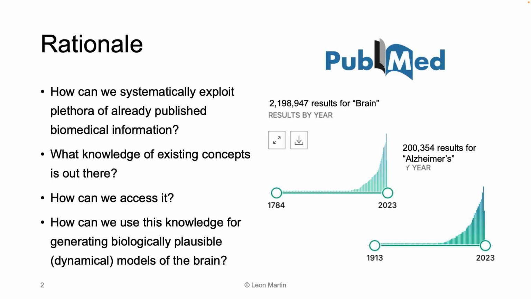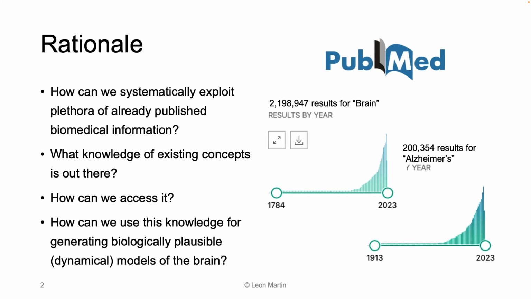Okay, so what's the rationale behind this? Why are we talking about knowledge and computers? The question is, how can we exploit the plethora of already published biomedical information out there? We could go onto PubMed and type in a keyword.